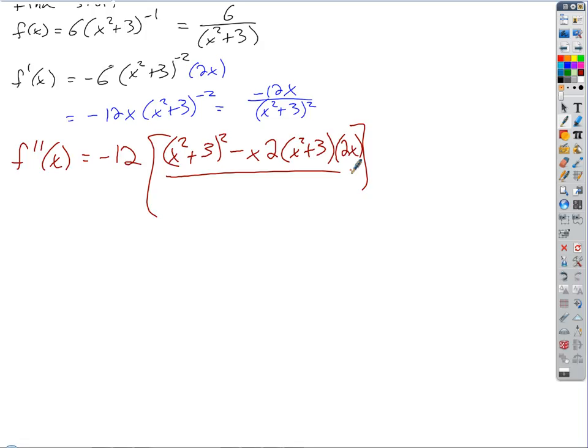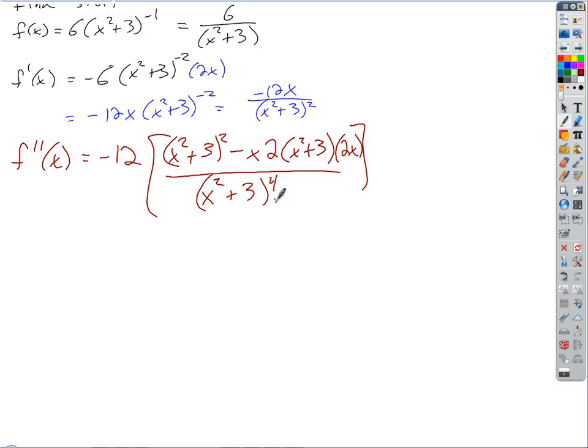Chain rule. Gotcha. Divided by? It would be the denominator squared. So x squared plus 3 to the 4th. Good. Okay, because a power to a power means we take the product of the powers, right?